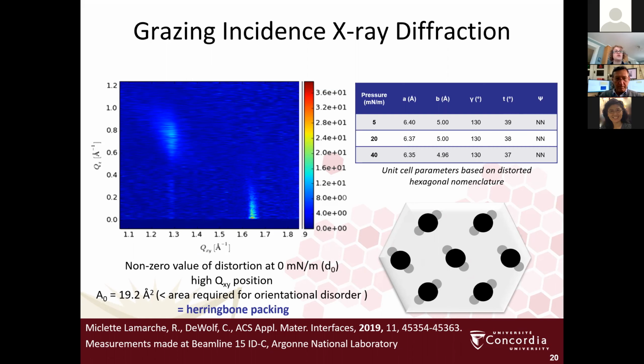As you're compressing it, there's very little change to the tilt angle, which is really just squeezing out any residual gas phase throughout this isotherm. But especially with the distortion analysis, which plots the sine of the tilt angle against pressure, we find that we have a non-zero value of the distortion at 0. And all of this tells us that we have a herringbone packing of this film.